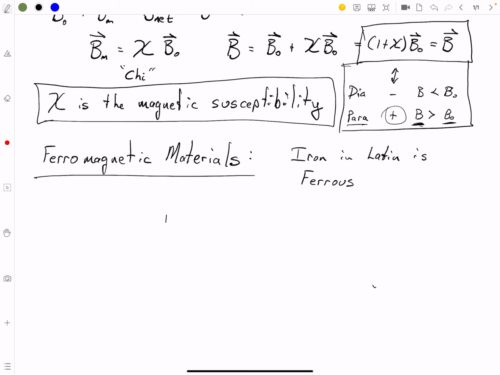So anything that is ferromagnetic gets this Latin ferrous attached to it, because iron, of course, is the oldest one that we know and love for many reasons. We know about iron. So, an everyday chunk of iron.